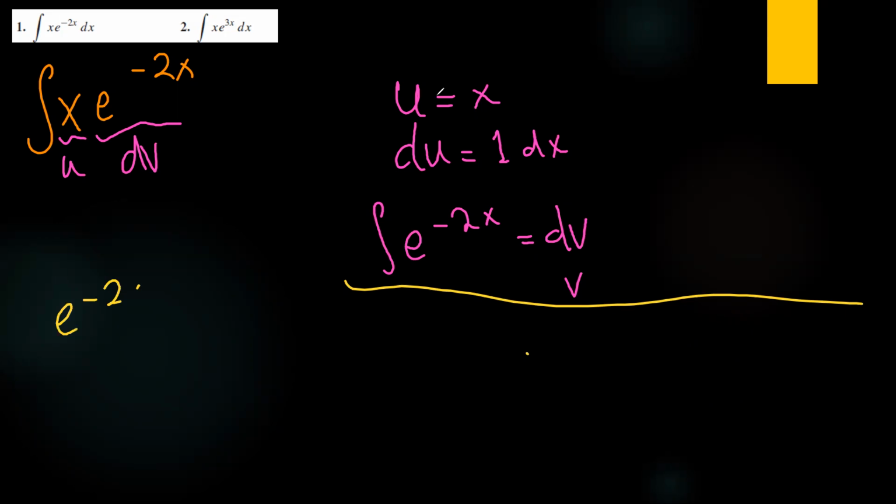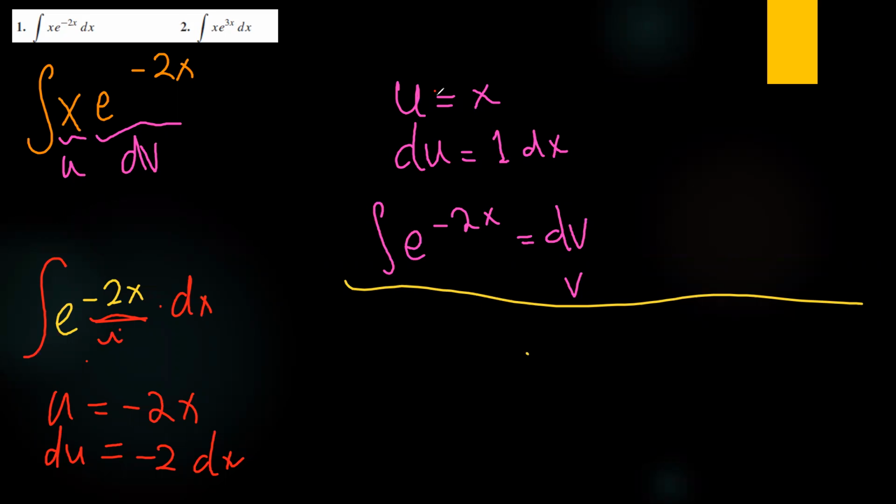e to the power negative 2x. We assume that this is u. So we say then, if u is negative 2x, so du will be negative 2 times 1 dx. The integration here is integration of e negative 2x times dx.